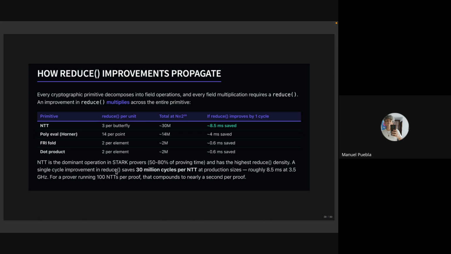That's 8.5 milliseconds that you can save. So the relevance of how you reduce cannot be overstated. There are a few strategies for reduction that are very well known in the literature, but maybe we can find more. So this is very important for the purpose of AMO-Lean.